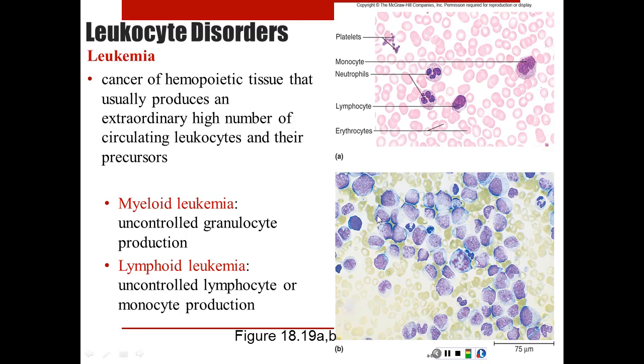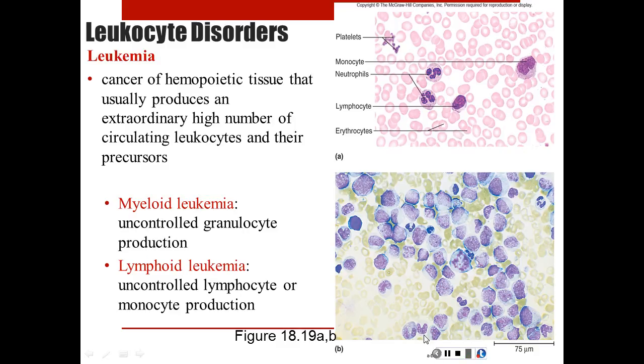So let's get back to the diseases or disorders. The next one is called leukemia. Leukemia is a cancer. I know a lot of people have heard of that. It is a cancer of the hematopoietic tissues that usually produces an extraordinarily high number of circulating leukocytes and precursors.